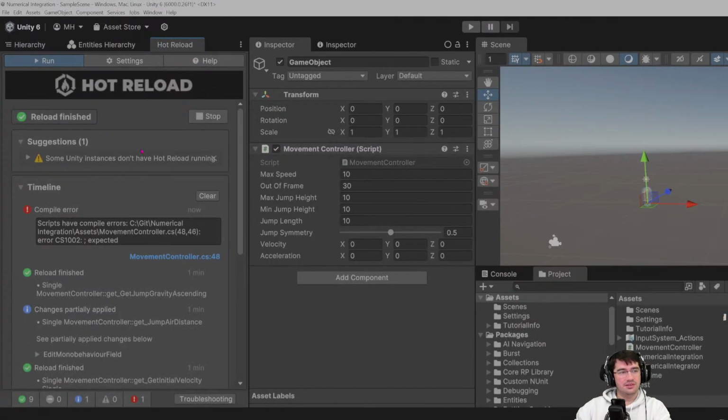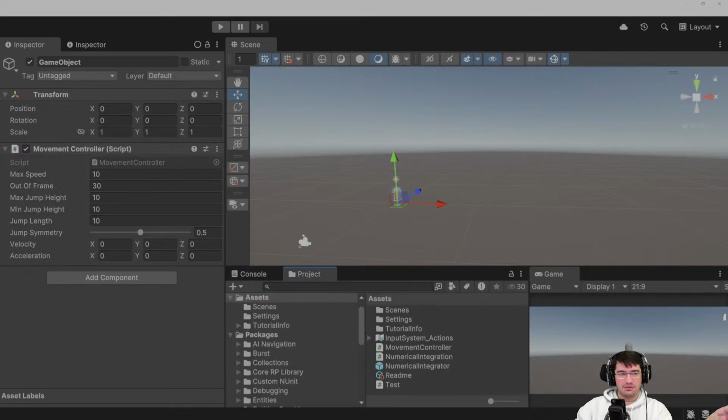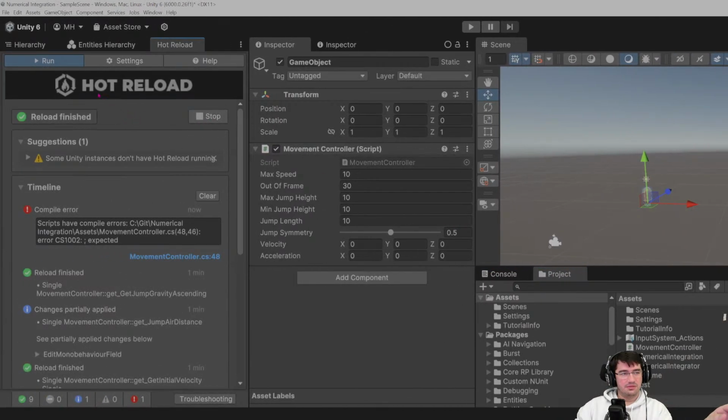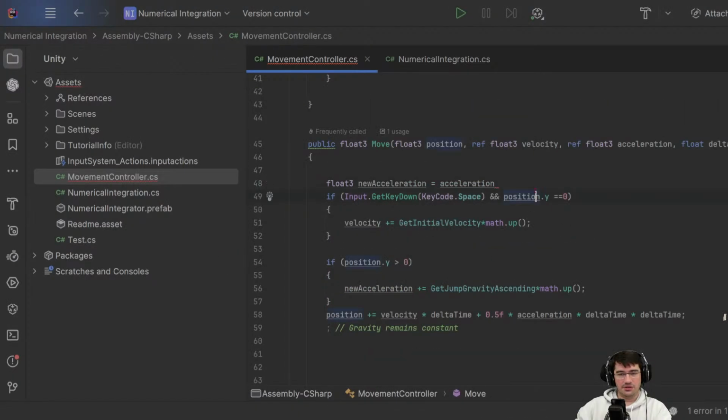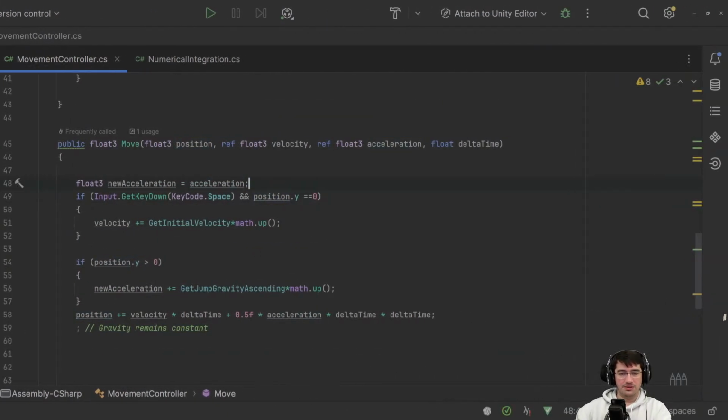Still not it. Did that recompile? Compile error, script has error. Okay, so now movement collider line 48. So that did not compile.